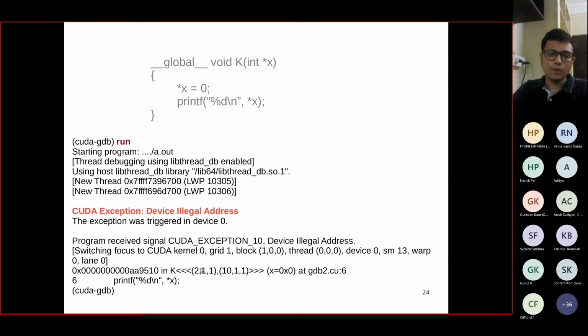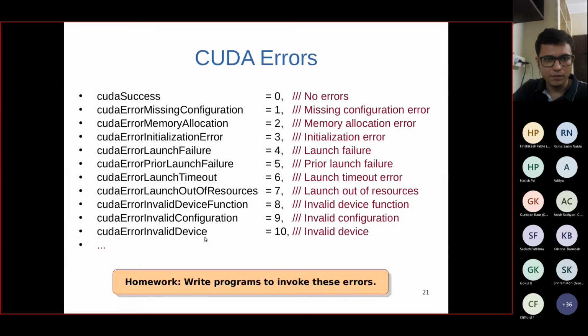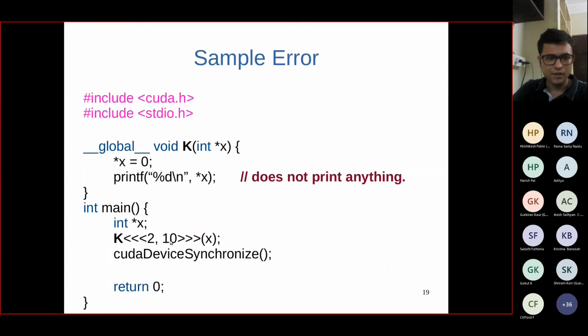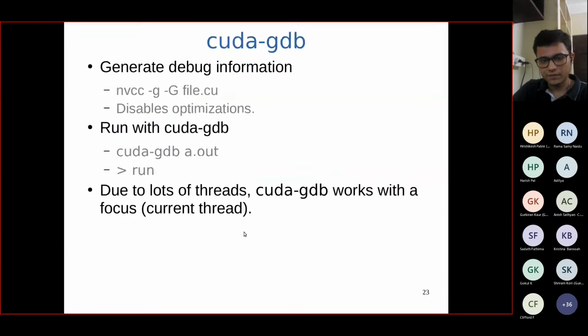Please note the 2, 1, 1: it shows all the 3 dimensions that we learned in the computation lecture, that there are 3 dimensions to the grid and 3 dimensions to the thread block. Here we have 2 thread blocks with only the x dimension. We are launching it as 2 comma 10, so we have only the x dimension for the grid and thread block. The y and z dimensions are 1.